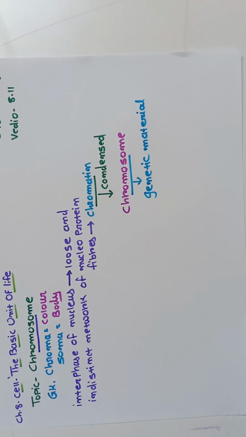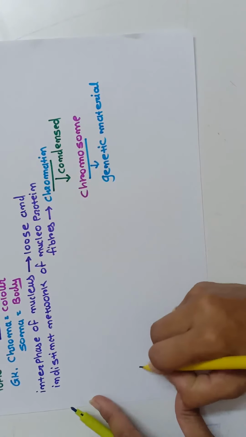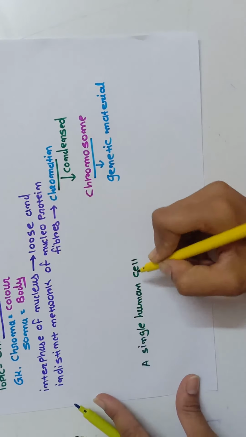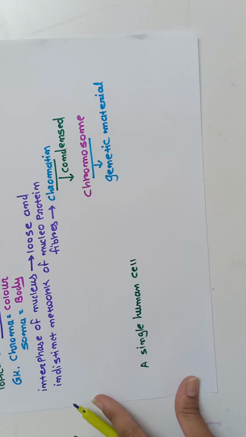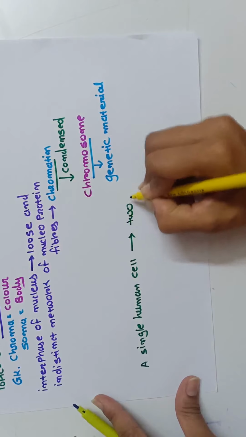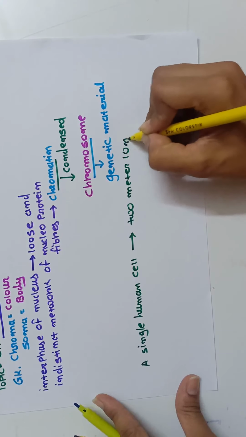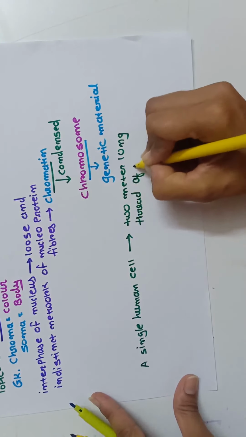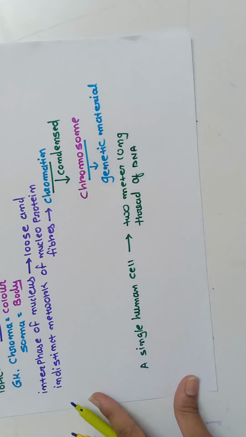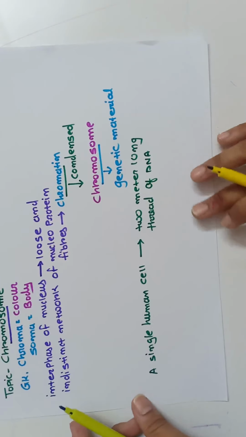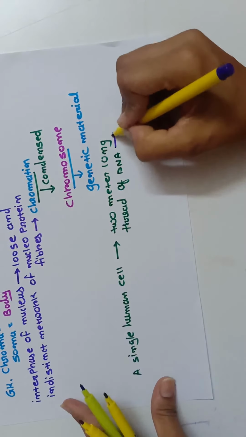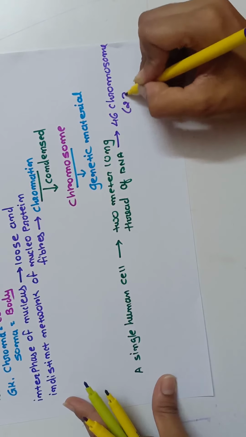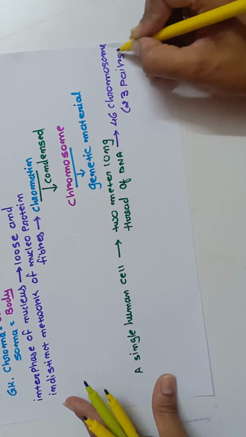A single human cell has approximately 2 meters long thread of DNA distributed among its 46 chromosomes, or 23 pairs.